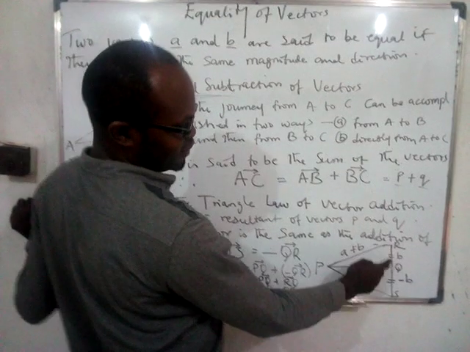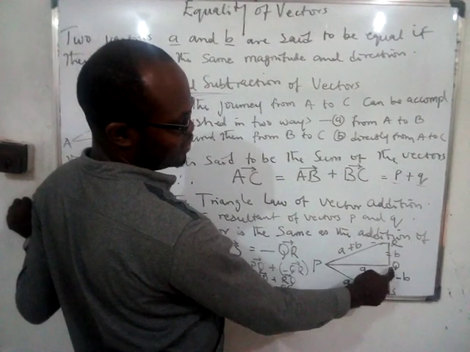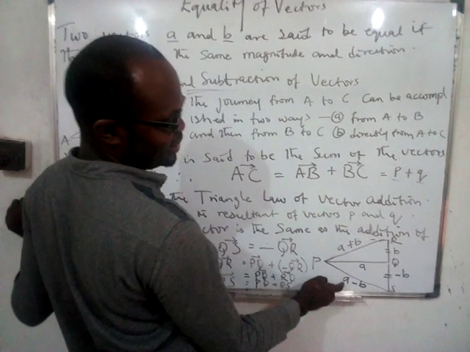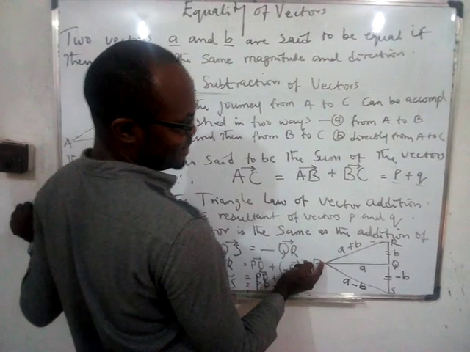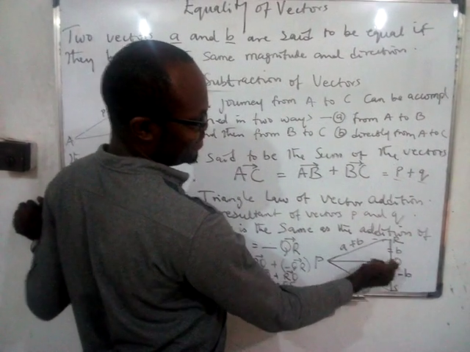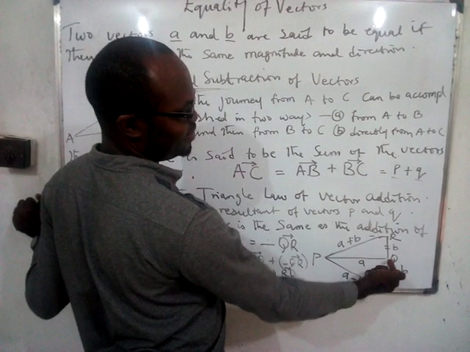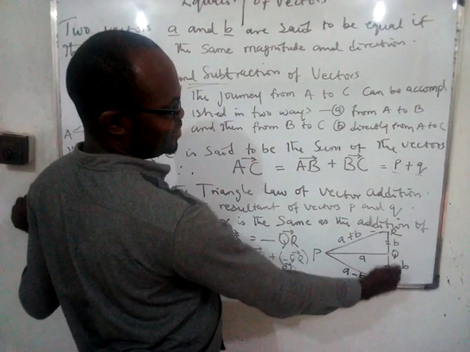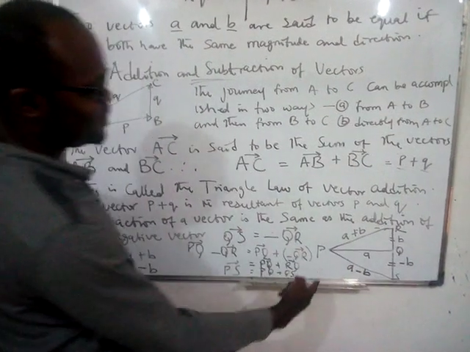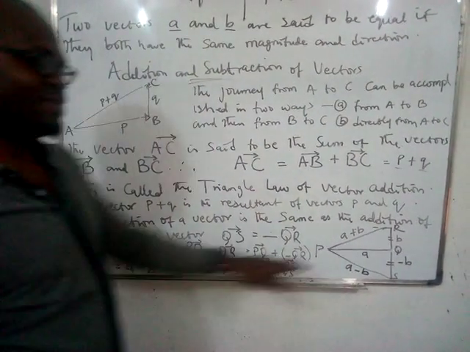But if you're considering the negative, you can call it A minus B. So it's still the same thing, A minus B, because this is minus B, the opposite of B. So you can see that this triangle law can also be used for subtraction.